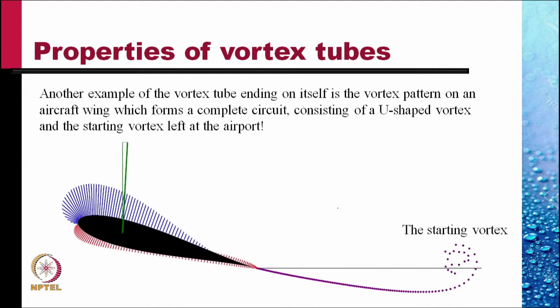And there is a starting vortex. As the aircraft wing moves, a vortex is formed which is bound with the wing, and there is a vortex which is termed a starting vortex and is left behind at the airfield.